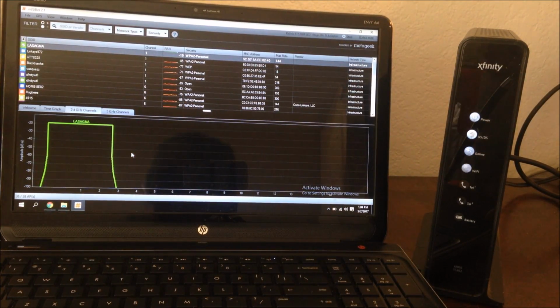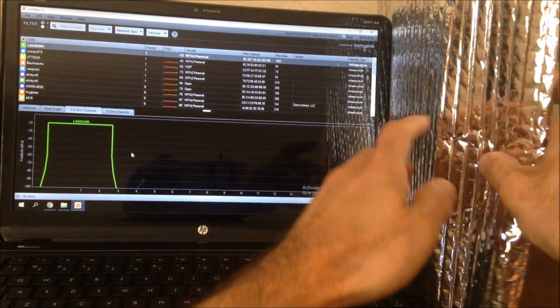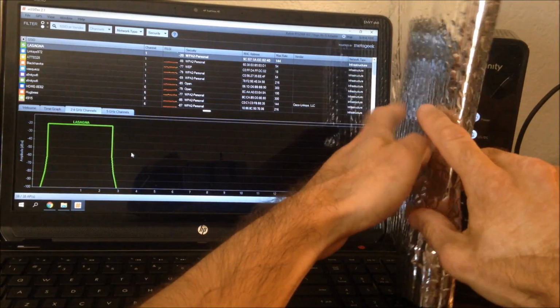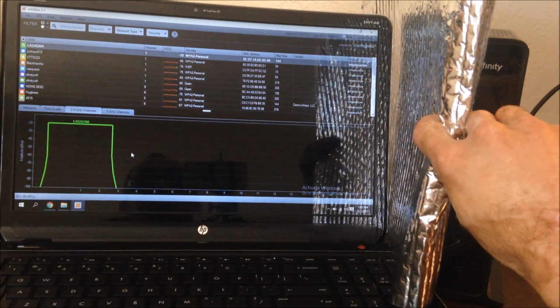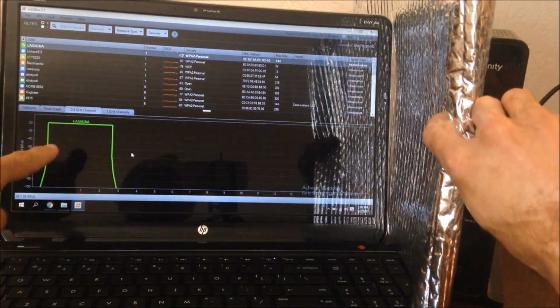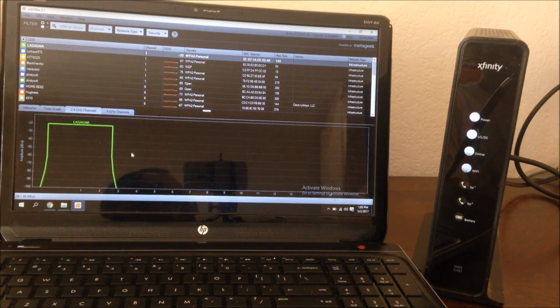So now, here I have a piece of aluminum foil that we're going to put in between your computer and your router. As you can see, the signal drops even more. Just by applying a little bit of aluminum foil in between your computer and your router, you drop the efficiency.